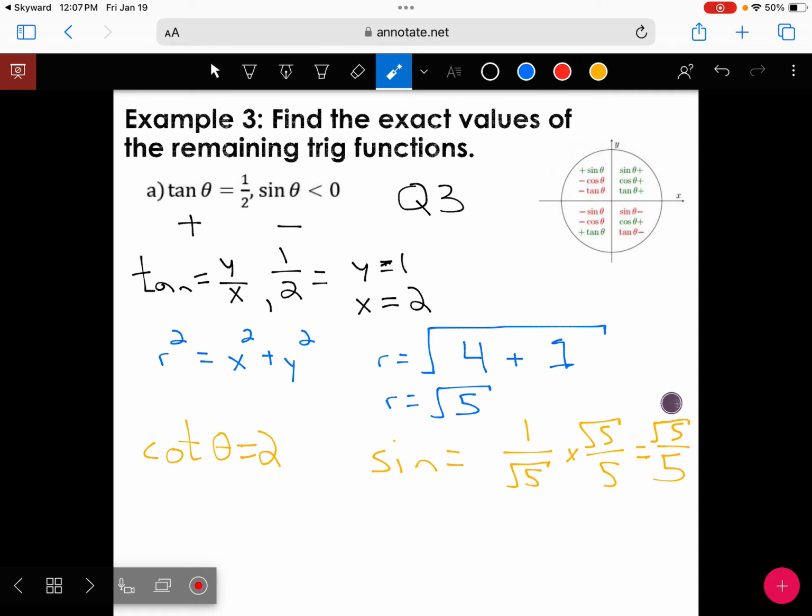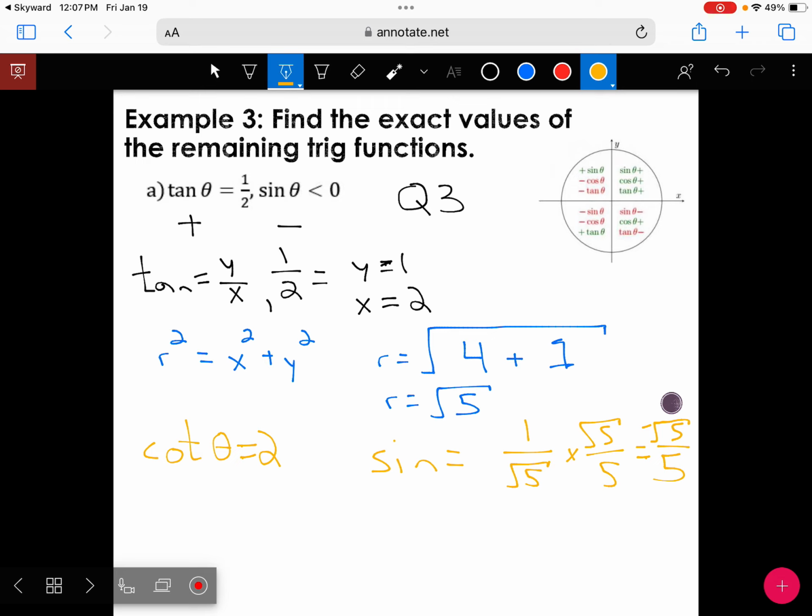And that just happened because, let's think about it. We were in quadrant 3, right? And so we said tangent was 1 over 2, which is fine. But really, our tangent was negative 1 over negative 2. Does that make sense? Because the cosine and the sine were negative. Because the x was negative and the y was negative, right? So that means our sine value, yeah, it's root 5 over 5, but it's negative root 5 over 5. And that's our final answer.